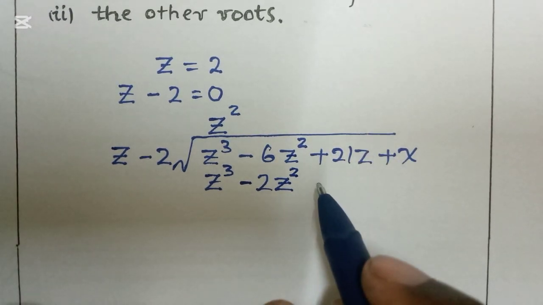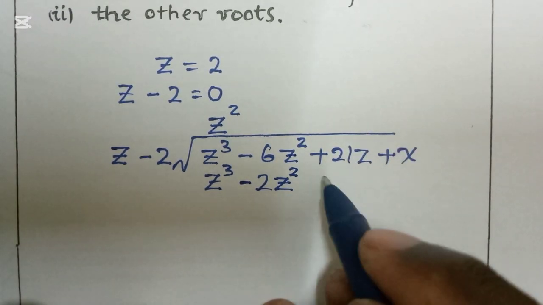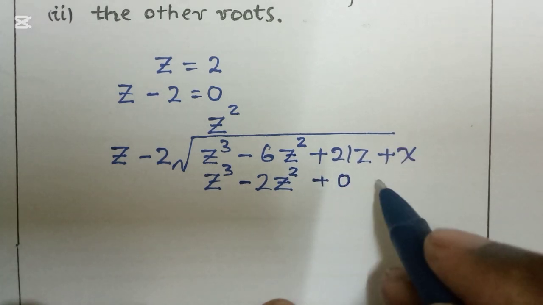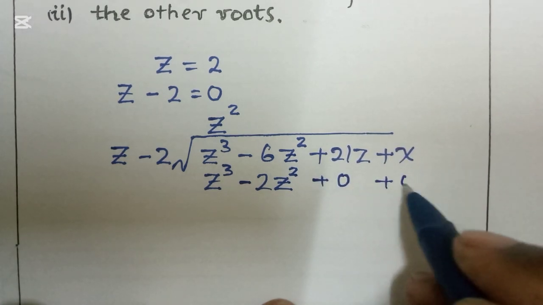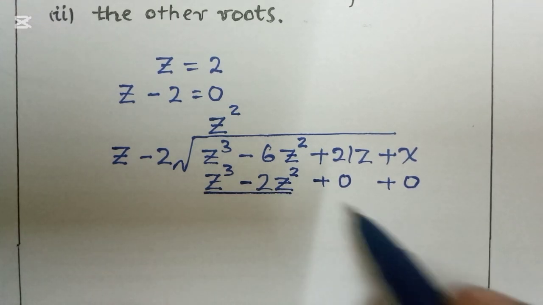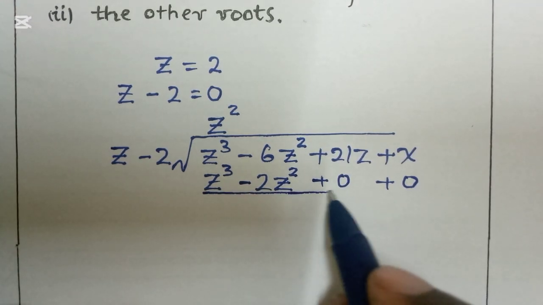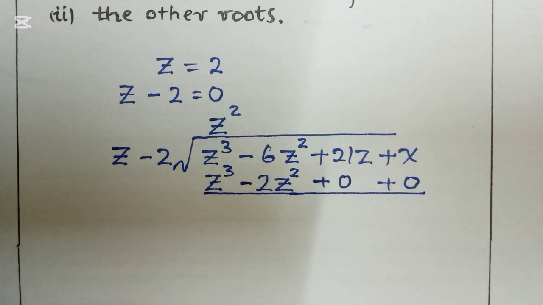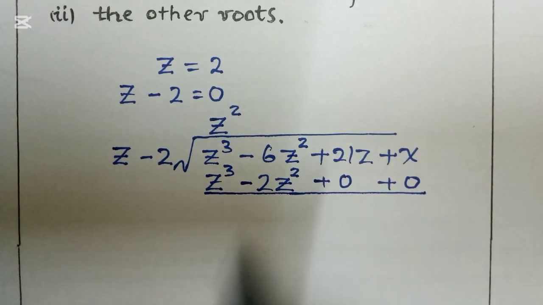Then when we come here, this one now will be 0, and even for these, it's going to be 0. So this is what we are now going to subtract, and we see what our remainder is.